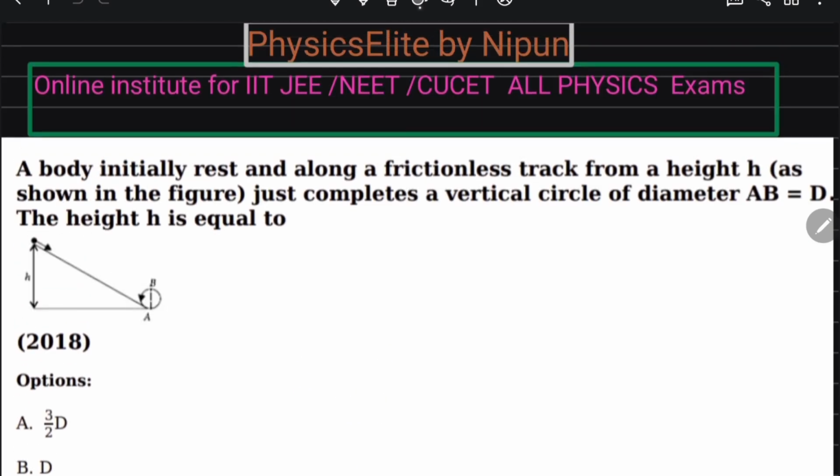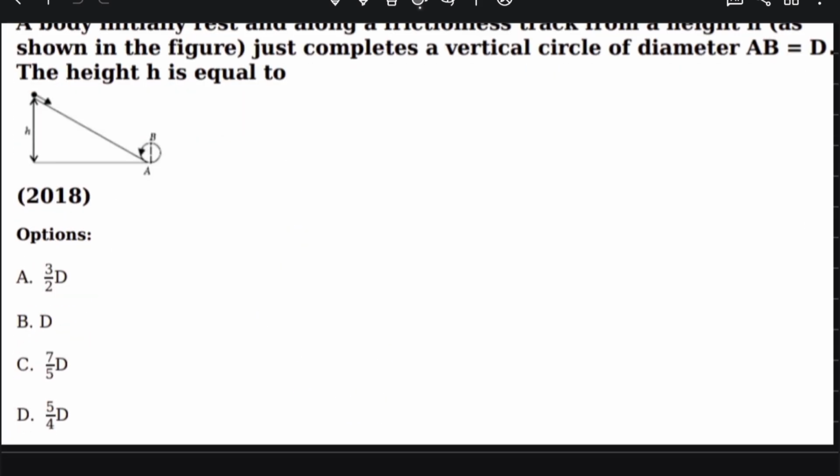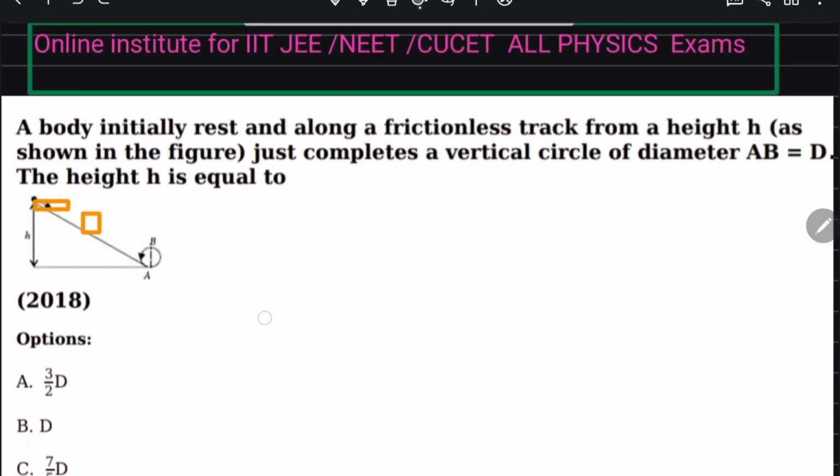This question we have already done. I already told that here we just apply conservation of energy between this point and this point. So I found that the velocity comes out to be under root 2gh, and then we know that if the particle is going to complete circular motion, it must have a speed of root 5gr.